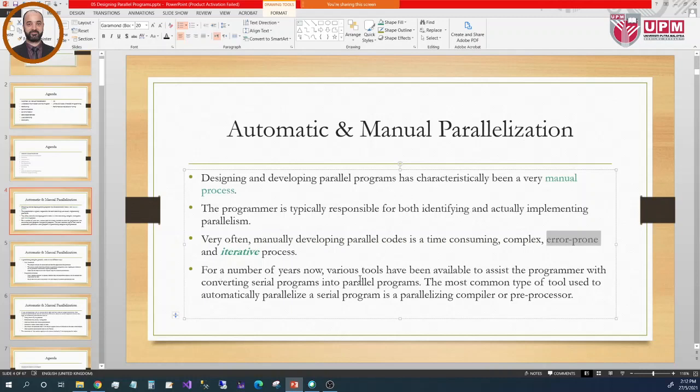So for a number of years now, various tools have been available to assist the programmer with converting serial programs into parallel programs.